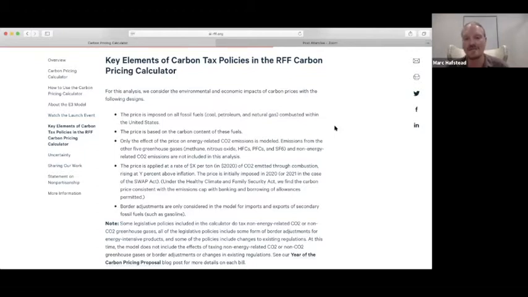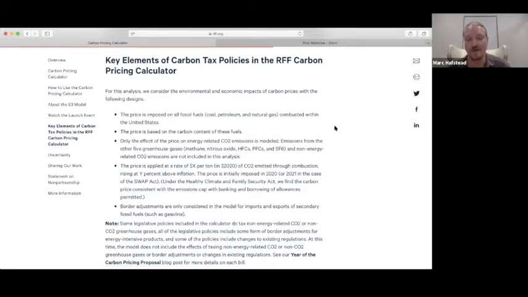So we're not able to model taxes on non-energy related carbon dioxide emissions, so process emissions, like the emissions that are created from the production of cement. And we don't look at taxes or impacts on other GHG emissions at this time.